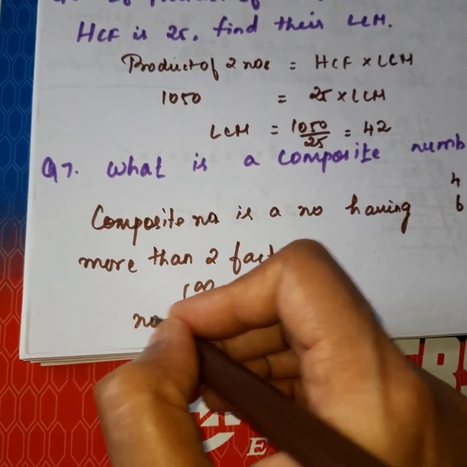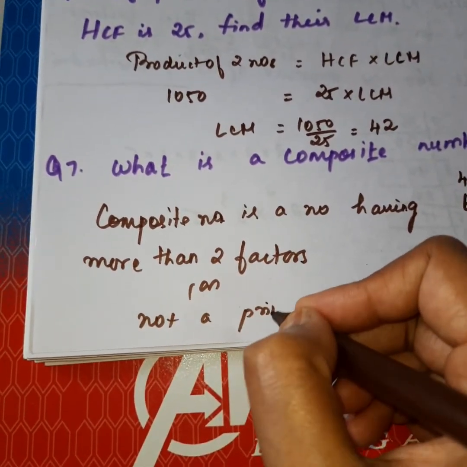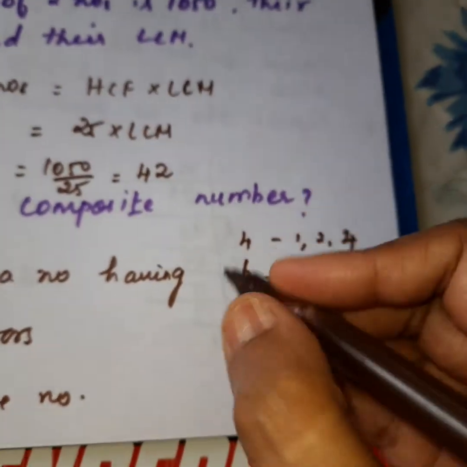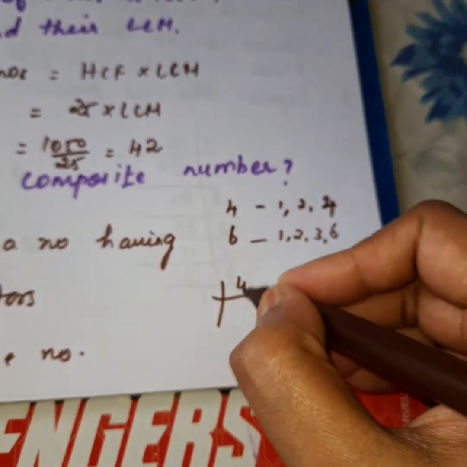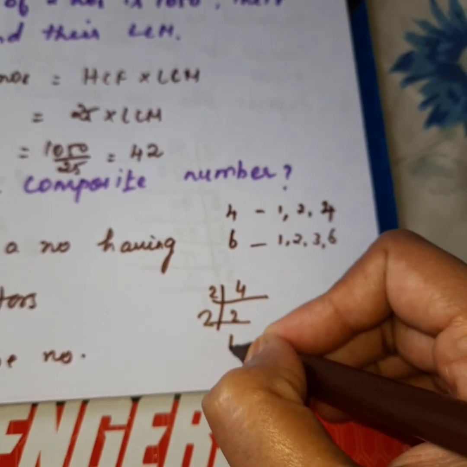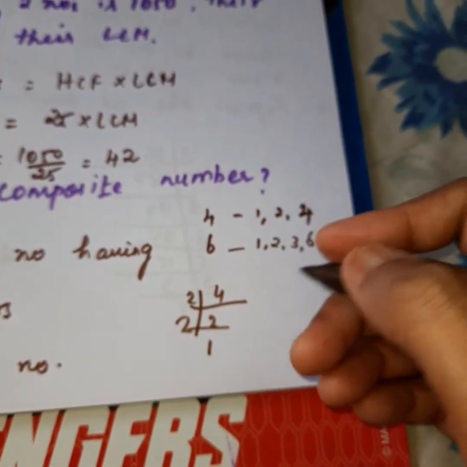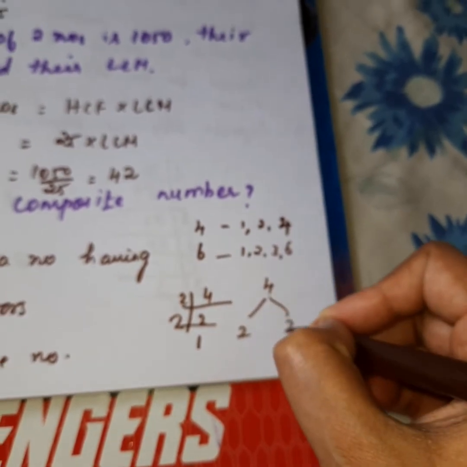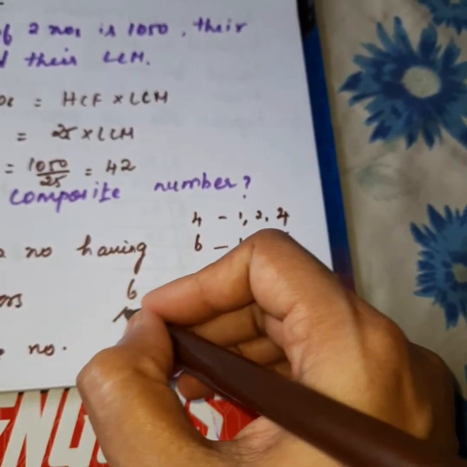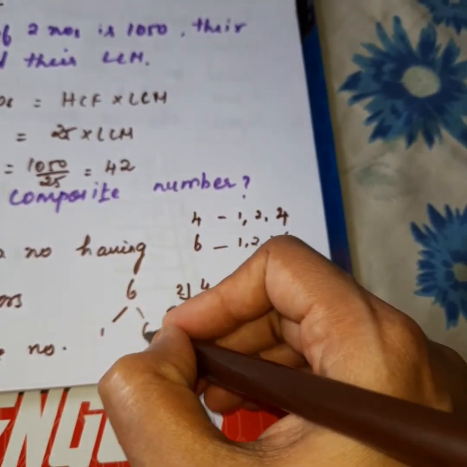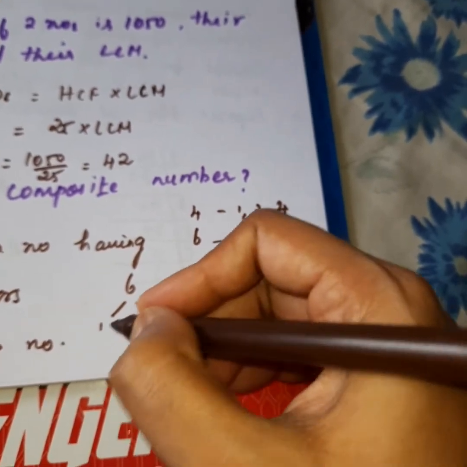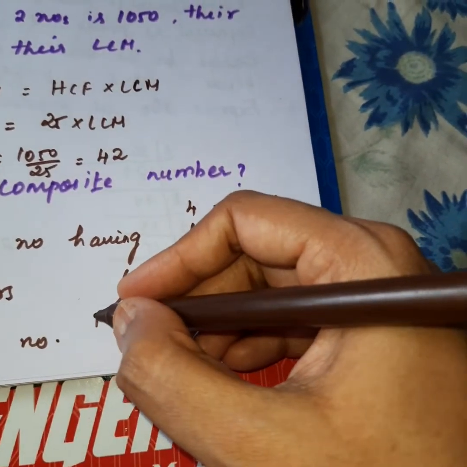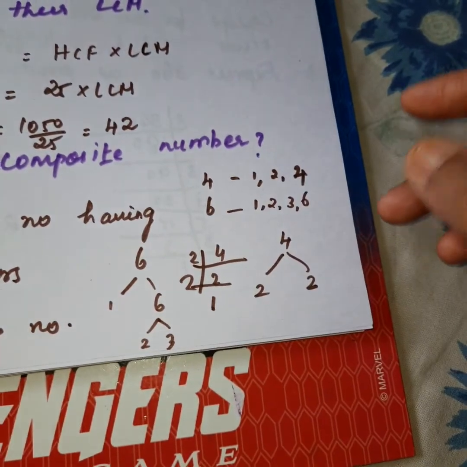Or in other words, those numbers which are not prime are the composite numbers. In both the factor tree and division method, I am showing the composite numbers which have further factors, 6 into 2 and 3.